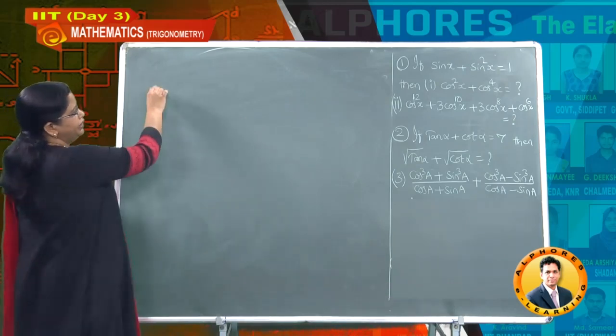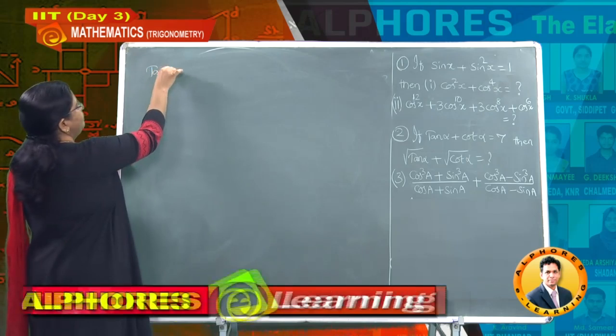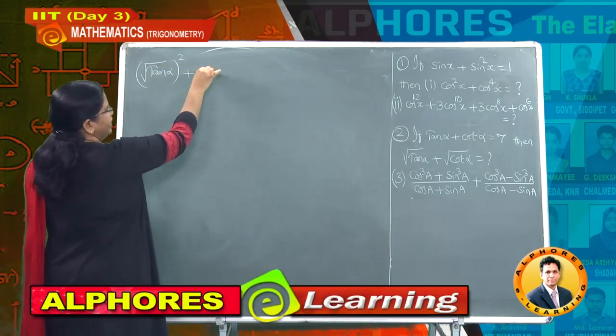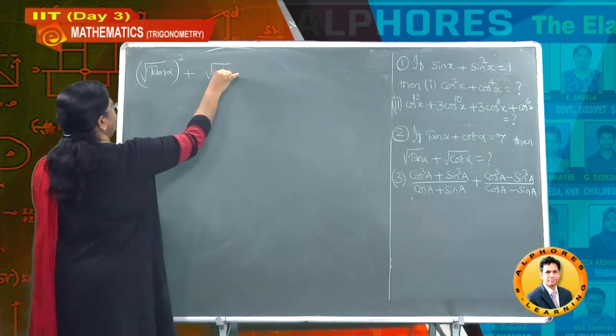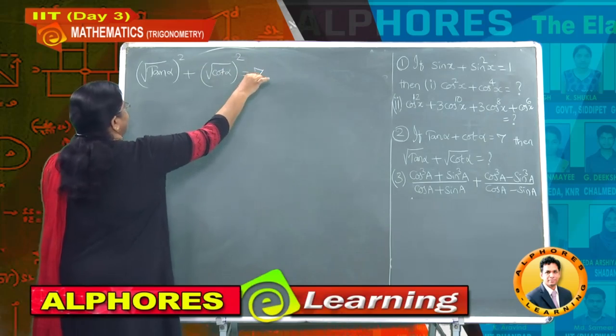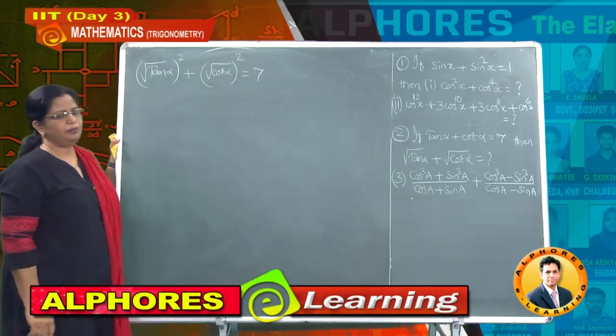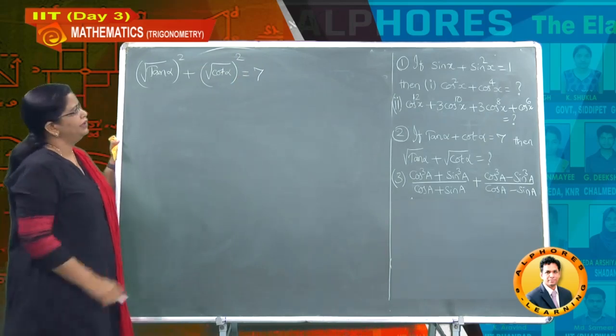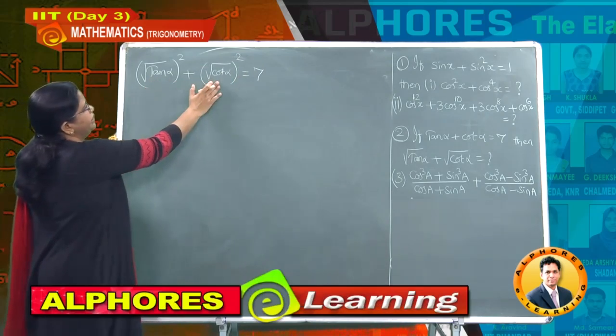So you should use the algebra formula, tan alpha I am writing as root tan alpha whole square, and plus cot alpha I am writing as root cot alpha whole square, and this value is given as 7. This is the given condition in the problem. As the required value is root tan alpha plus root cot alpha, I have taken this value.